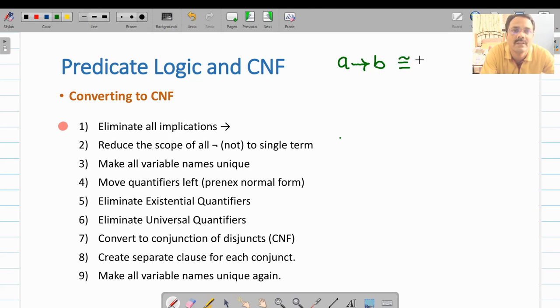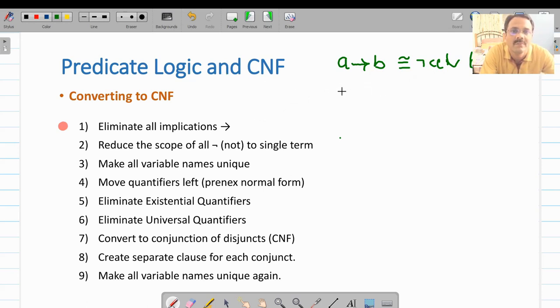A implies B is equivalent to not A or B. Wherever implications are there, you will remove them using this property.